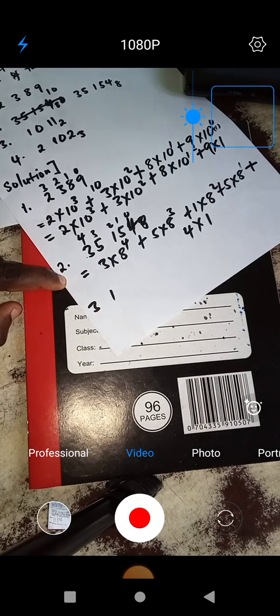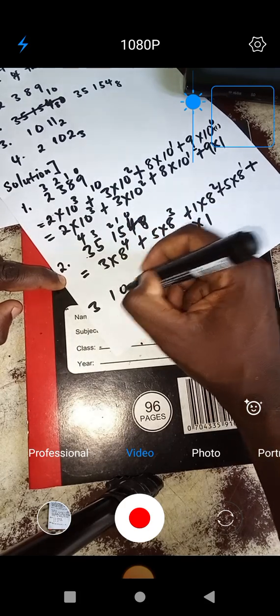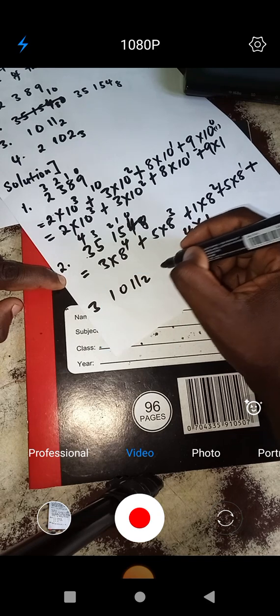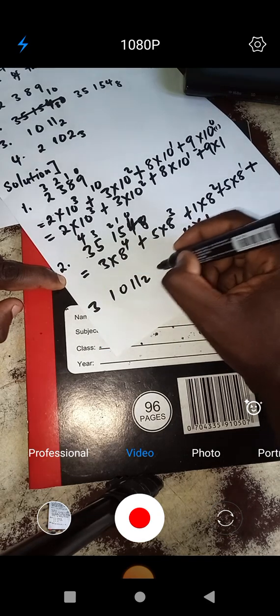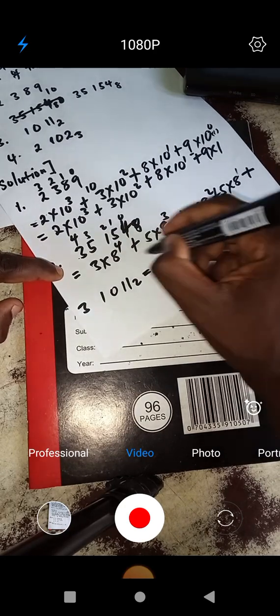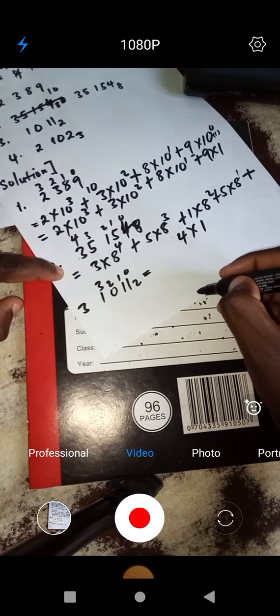We move on to number 3 question, which says 1011 base 2, right? We say this is equal to, with positions 0, 1, 2, 3, right?